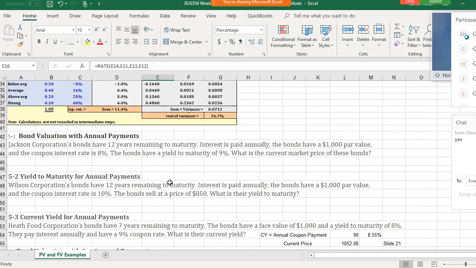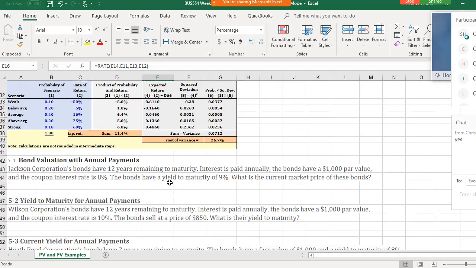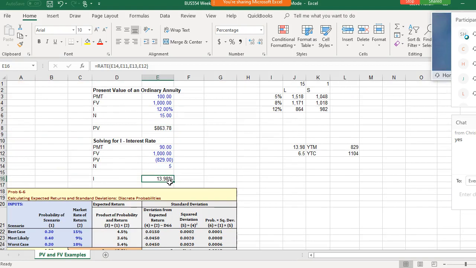So let's go back and do the calculation of YTM for this one. And it was based on an annual payment, so that makes it just a little bit easier for us to take a look at. So the payment was a coupon rate of 14%, so we take 1,000 times 0.14.